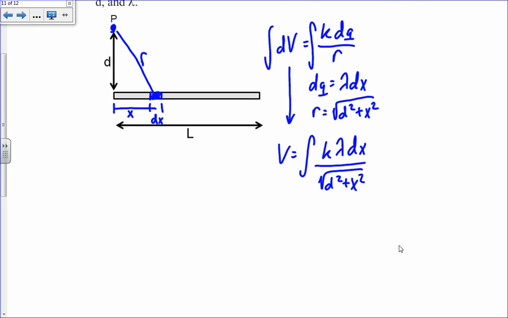If you look in Schaum's, you can probably do this by substitution, but I just looked in the integration tables. The integral of du over the square root of u squared plus a squared is equal to the natural log of u plus the square root of u squared plus a squared.